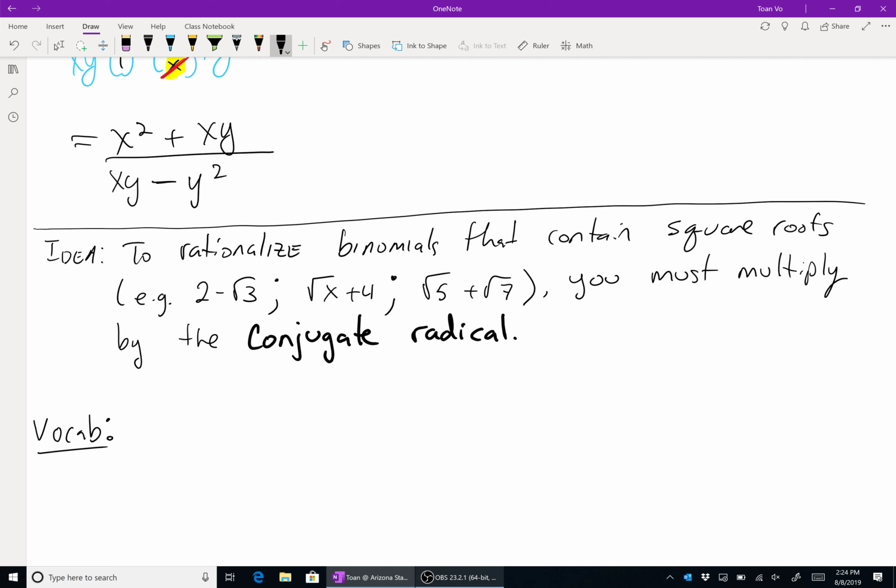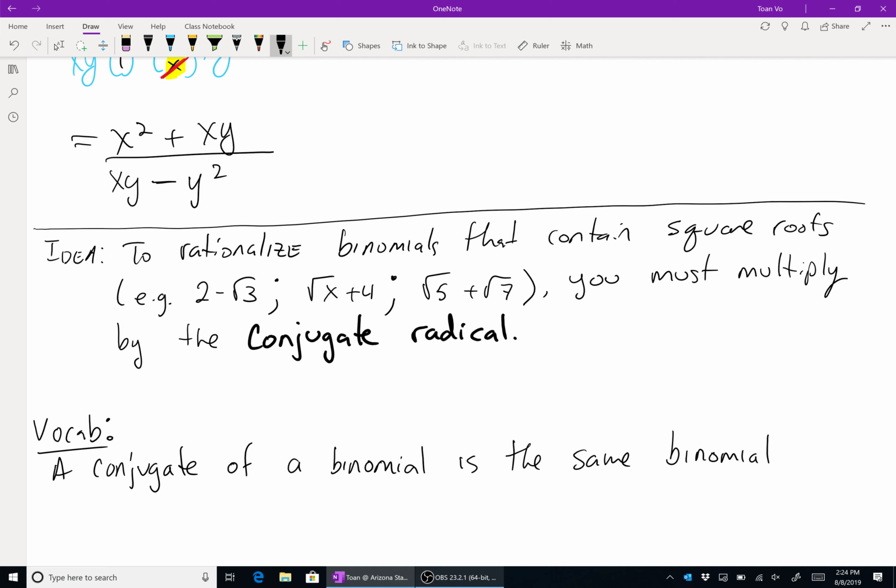So vocab. A conjugate of a binomial. Conjugates only apply to binomials, although if you had an even number of terms, you can create conjugates by grouping. A conjugate of a binomial is the same binomial.